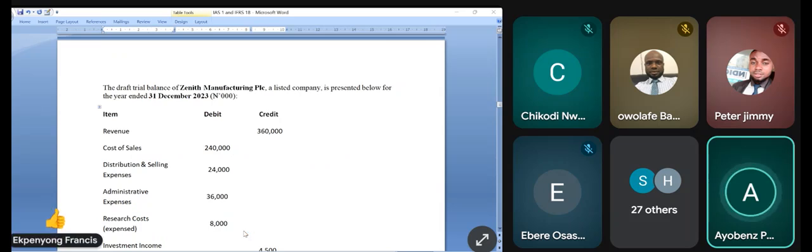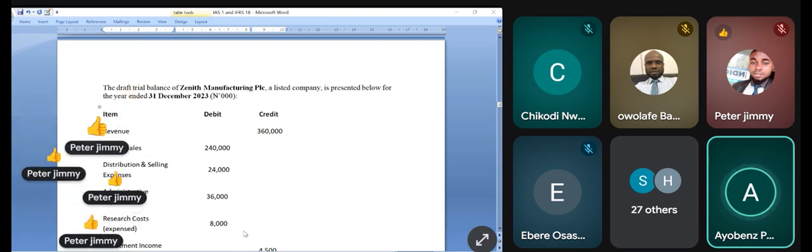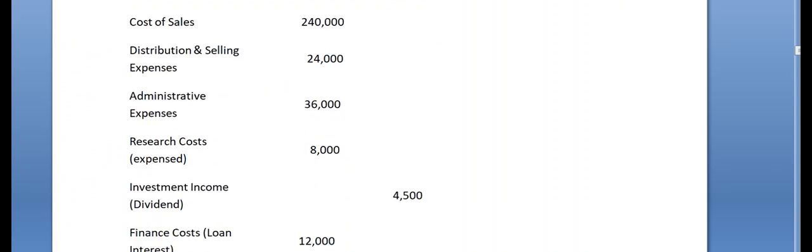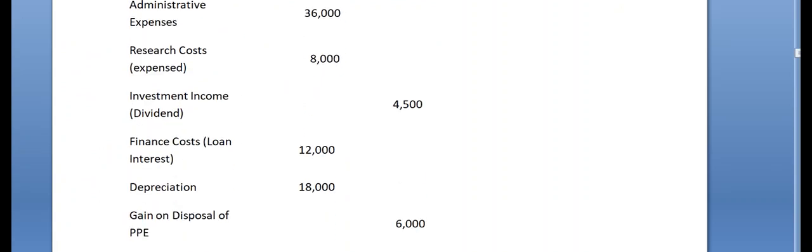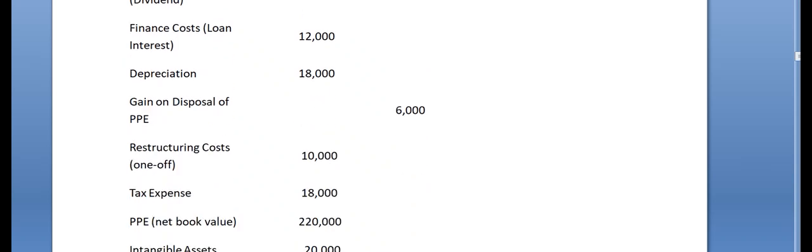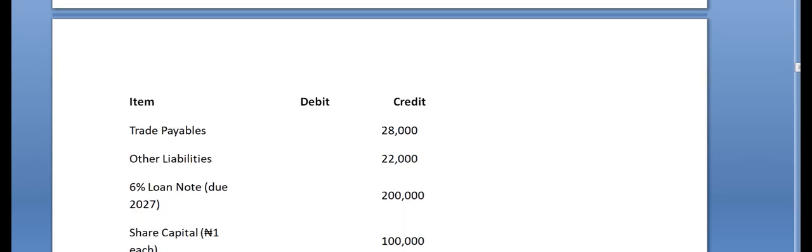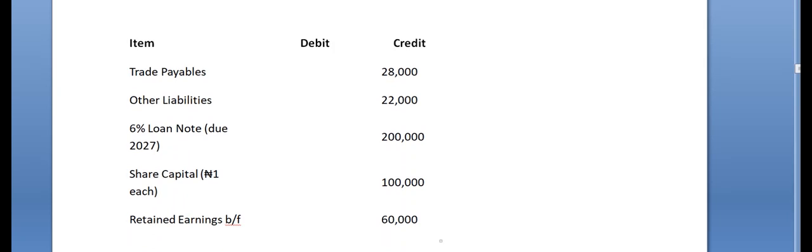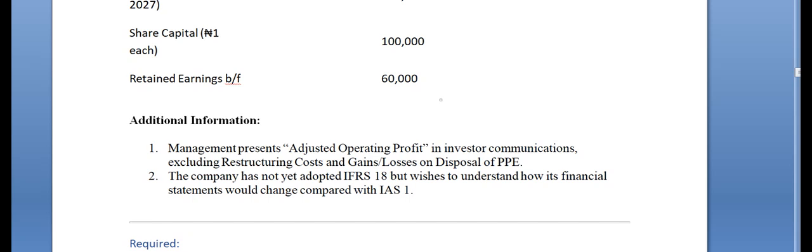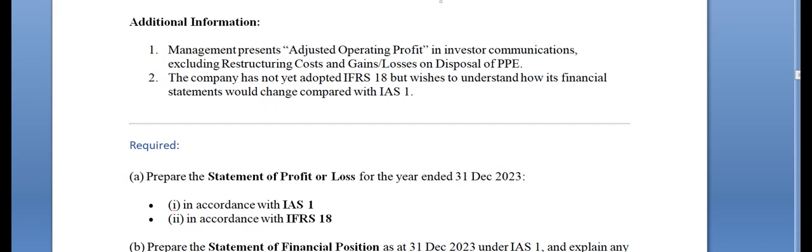We have revenue, cost of sales, distribution and selling expense, admin, research cost, investment income, and then you have finance cost, depreciation, gain on disposal of PPE, restructuring cost, tax expense, PPE net book value, intangible asset, inventories, cash and bank, trade payables, other liabilities, 6% loan notes, share capital, retained earnings.